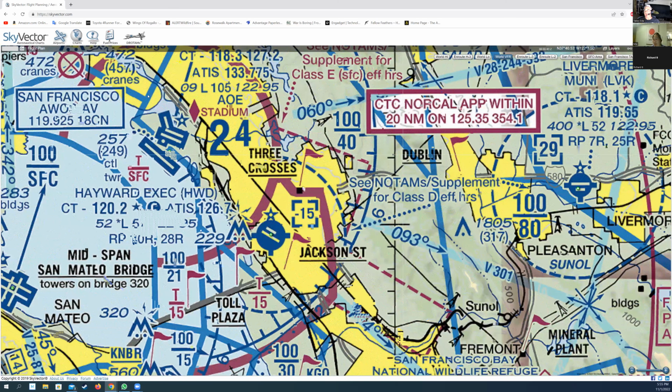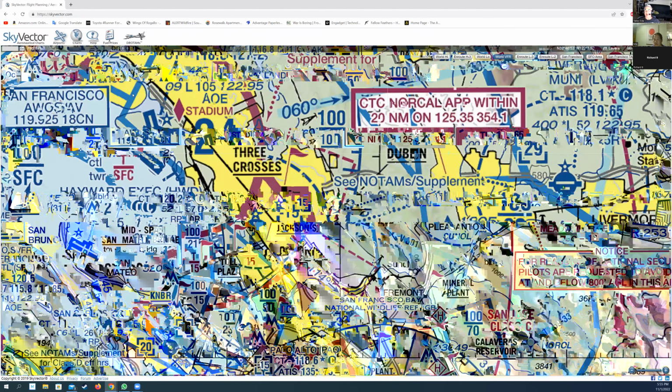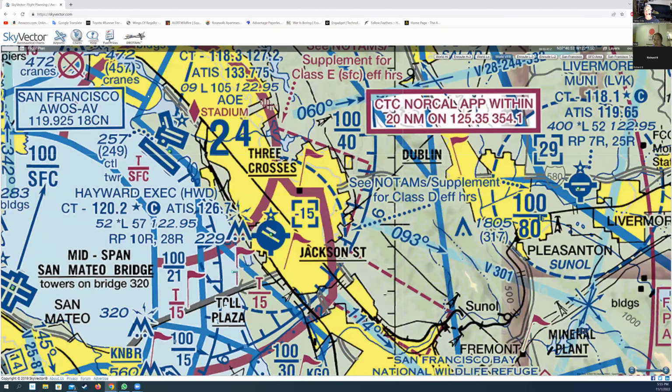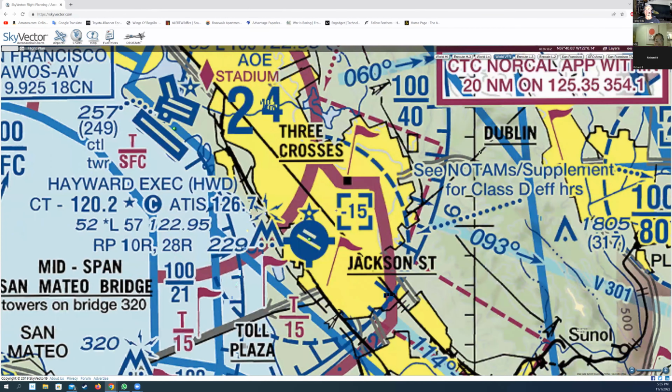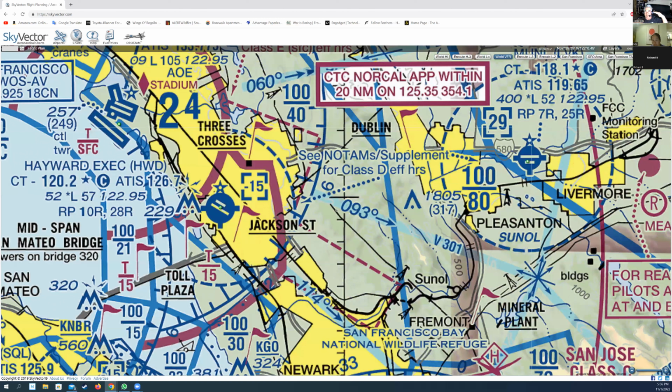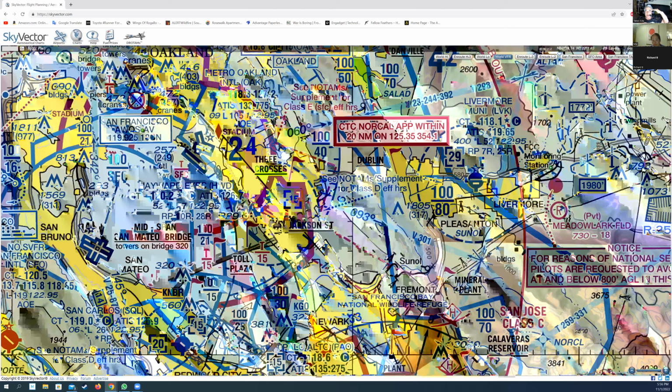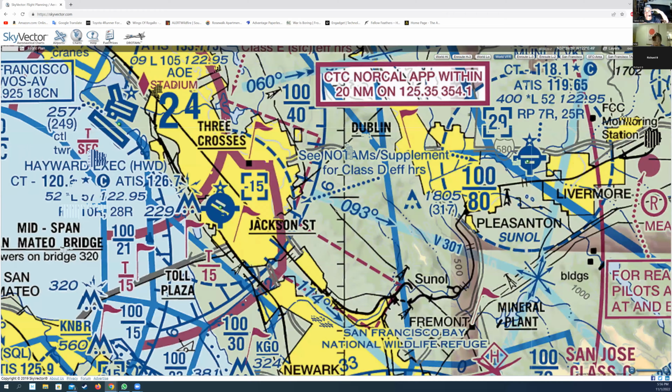This is all Class C right through here. The T means top to 1,500 feet, and then Delta is below 1,500 feet. So the Delta goes right up to the bottom of the Class C airspace, which meets at 1,500 feet. Now, most Class C airspaces go to 4,000 feet.